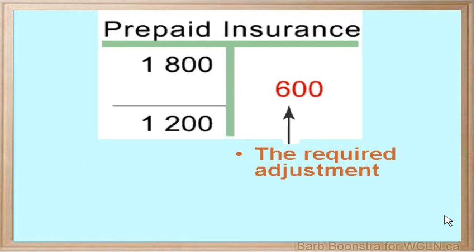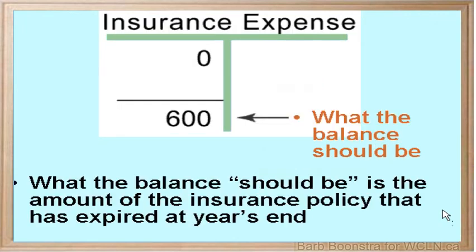You have to credit the account by $600 in order to get that $1,200 balance. Remember, you started off with $1,800 and you've used $600 in insurance. You have to record that under insurance expense. So your insurance expense for the year should be $600.